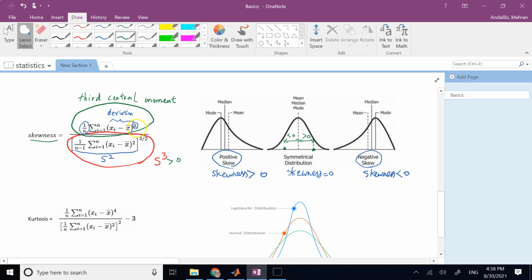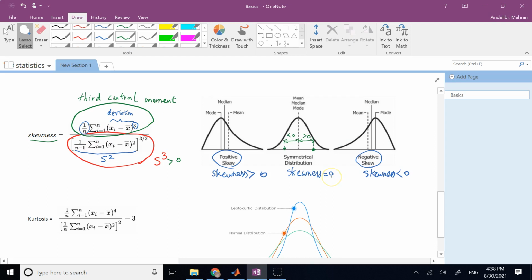And when you cube them, because the power is an odd number, the cubed versions of these two positive and negative numbers are still equal and opposite, so the sum will go to 0. In fact, for a normal distribution like this, any odd central moment is going to be 0, including 3. So 1, 3, 5, all of those will be 0.